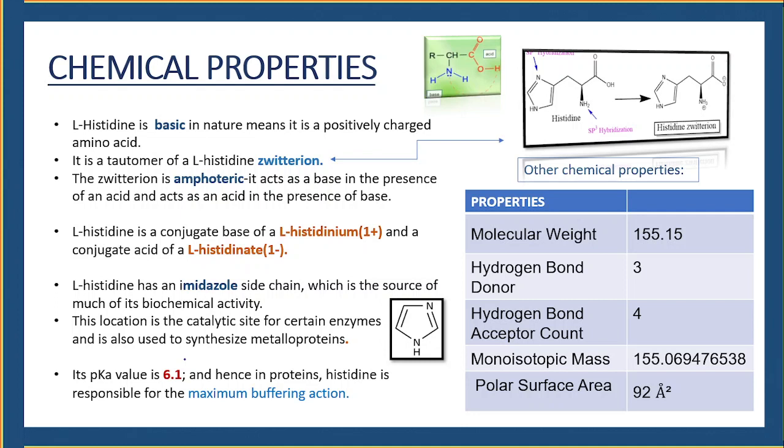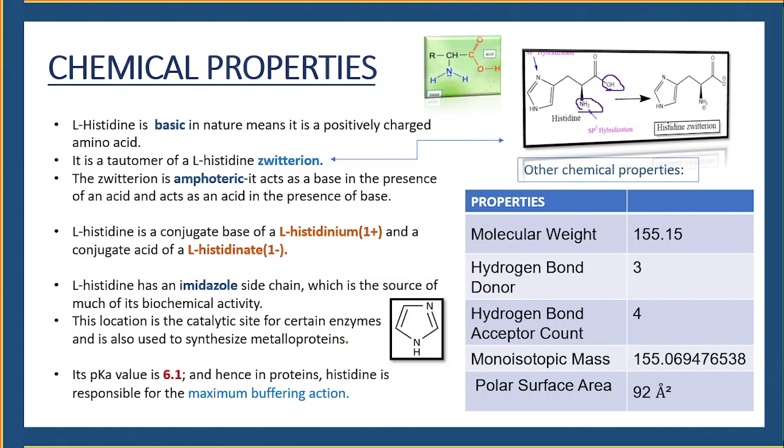We have read the process of tautomerism, in which there is a shifting of a proton from one functional group to the other functional group within the same molecule. So in the case of a zwitterion, the carboxyl group donates its proton and the amino group receives the proton.